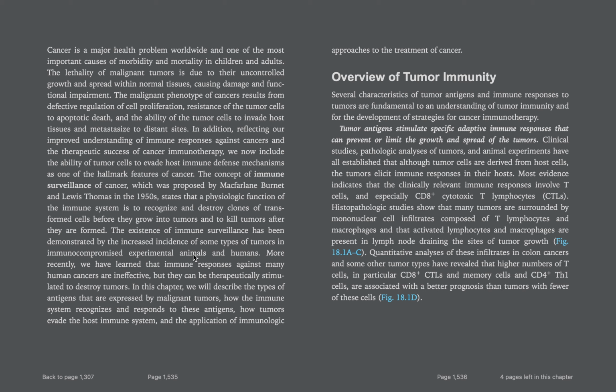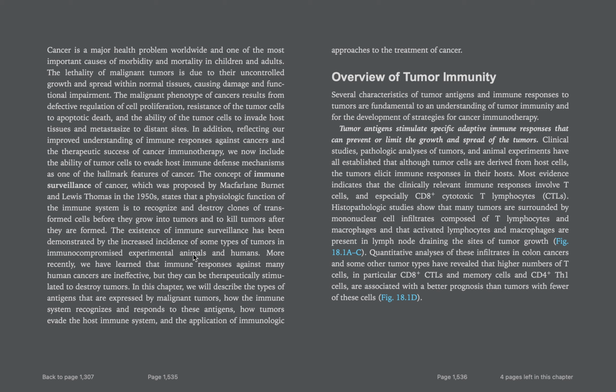The malignant phenotype of cancer results from defective regulation of cell proliferation, resistance of tumor cells to apoptotic death, and the ability of these tumor cells to invade host tissue and metastasize to distant sites.